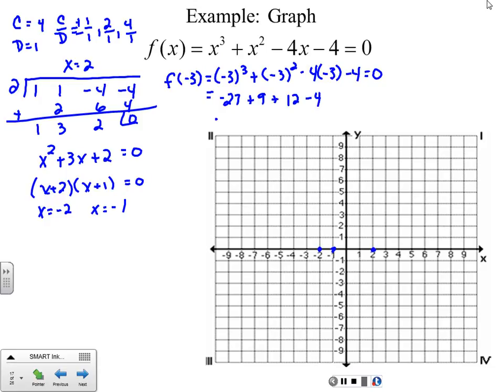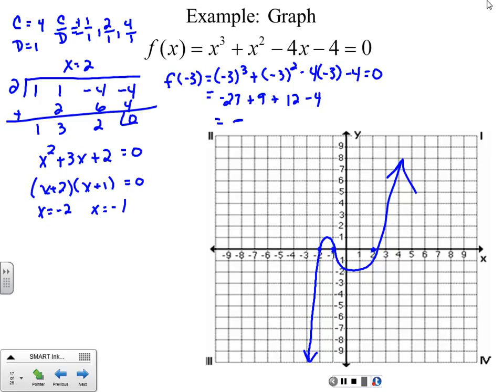I think it's still going to be negative, don't you? Something negative, yeah. All right, so it's still going to come from the bottom. Now, again, not all of them are going to come from the bottom, so don't assume anything.